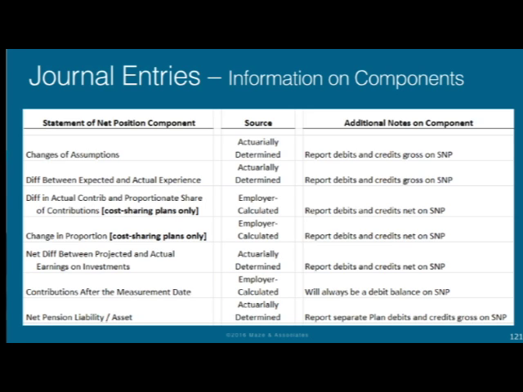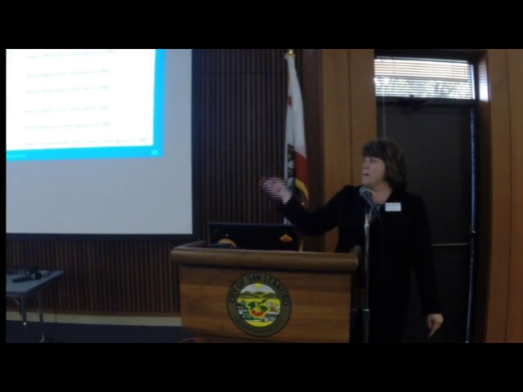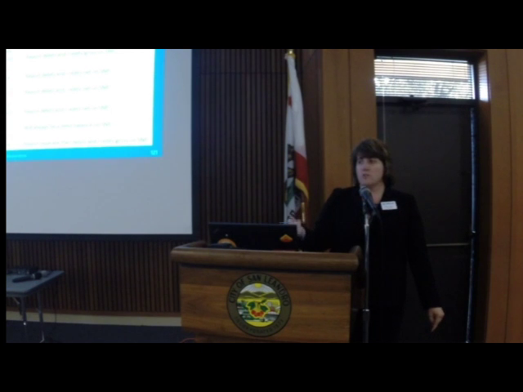So you can see your change of assumption is from your actuary, difference between expected and actual experience actuarially determined, difference in contributions to proportionate share employer calculated, change in proportion employer calculated, difference between earnings and investments actuarially determined, contributions after the measurement date employer calculated, and NPL actuarially determined. Again, for your cost sharing plans, even though many of these say actuarially determined, you have to do the math this year, but PERS gives you the tools to do it.